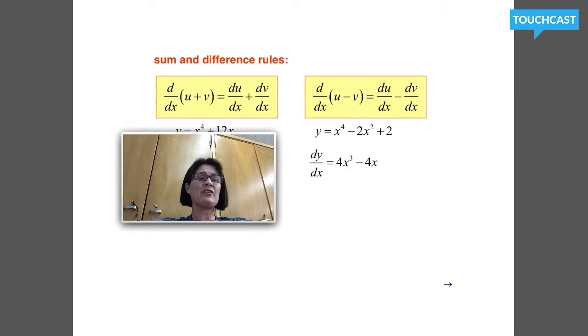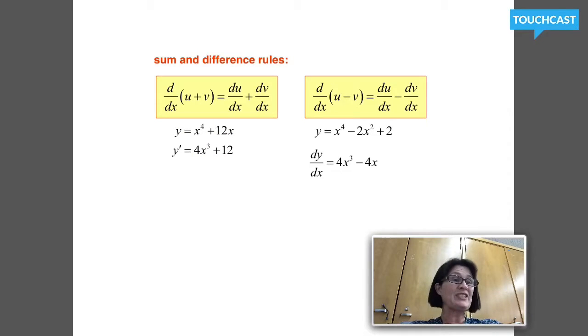So the derivative of x to the fourth is 4x cubed. The derivative of 2x squared, the 2 comes to the front and multiplies the 2 that was already there to make 4x. And then the derivative of 2 is 0, since 2 is a constant. So I get dy dx equals 4x to the third, take away 4x.